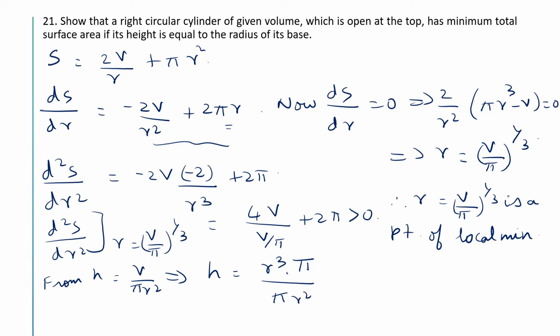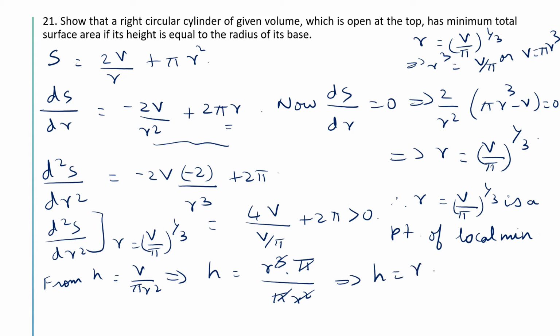Since we got R is equal to V by pi, the whole raised to 1 by 3, it means R cube is equal to V by pi, or V is equal to pi R cube. So here we can substitute V is equal to pi R cube. When we substitute and simplify, we get H is equal to R. So we can see that the total surface area will be minimum when the height is equal to the radius of its base.